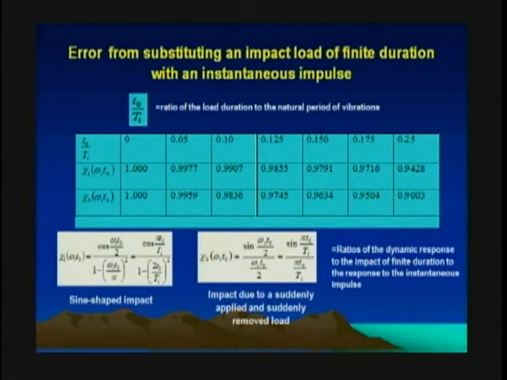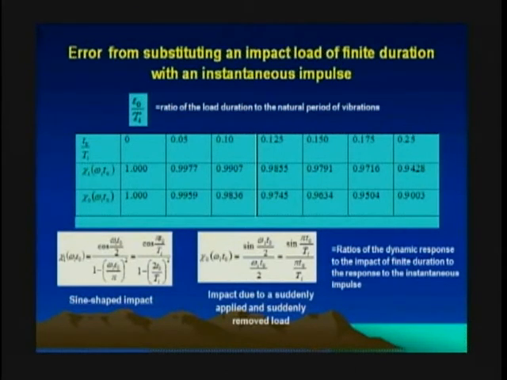The second row is the error from substituting the actual duration of the impulse with an instantaneous impulse, in the case of a sine-shaped impact. And the lowest row is the same thing when the impact is due to a suddenly applied and suddenly removed load.